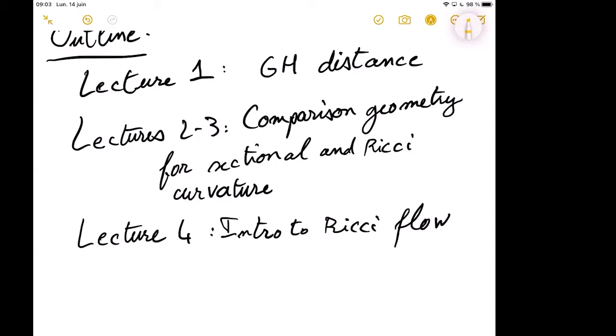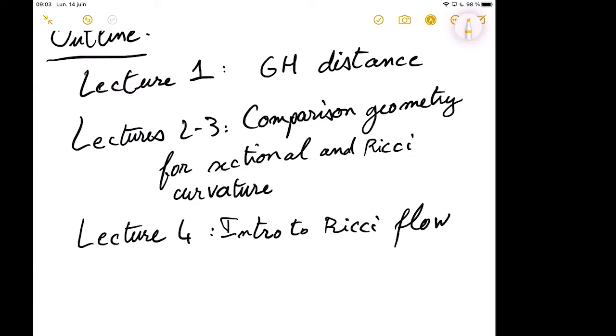We will treat comparison geometry for Ricci curvature using mostly the Bochner formula. And for sectional curvature, we will use the Riccati equation for the second fundamental form of distance hypersurfaces.